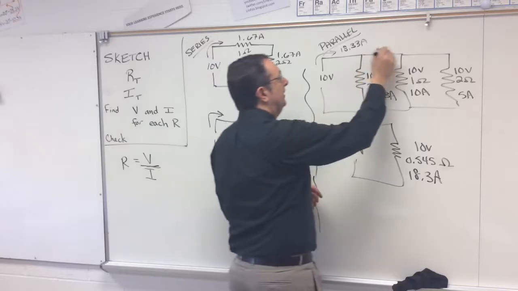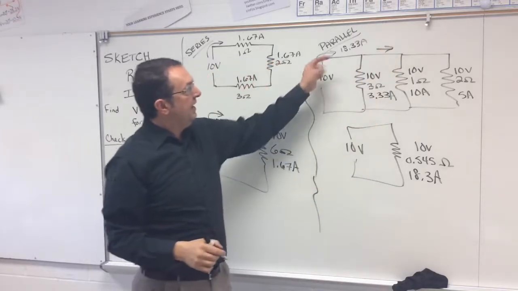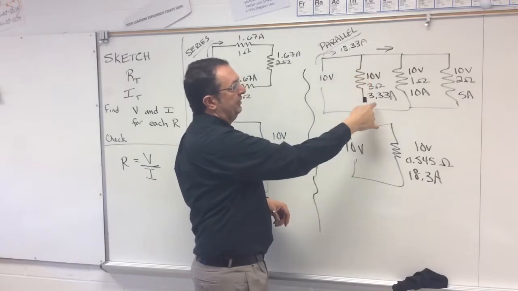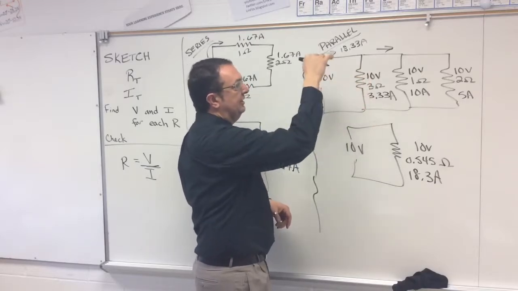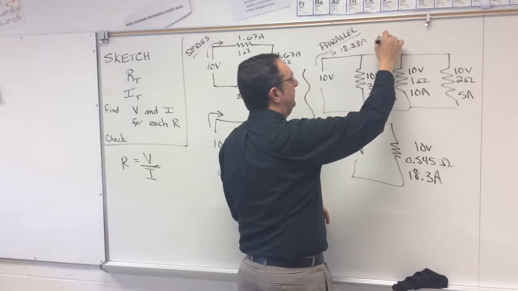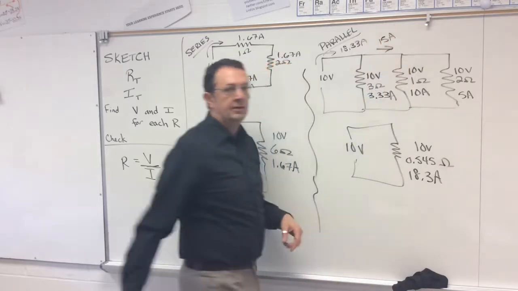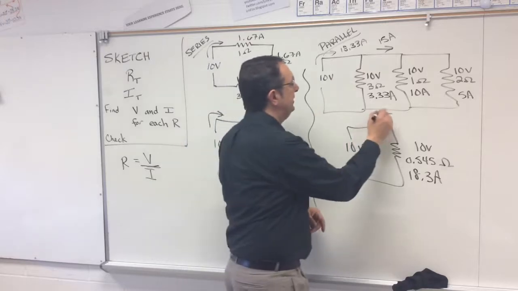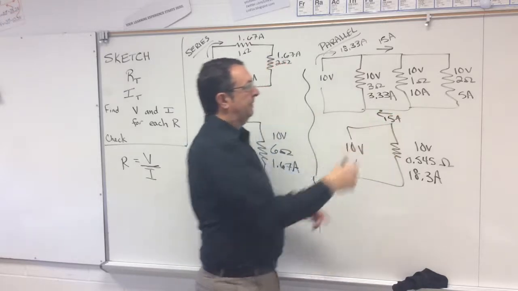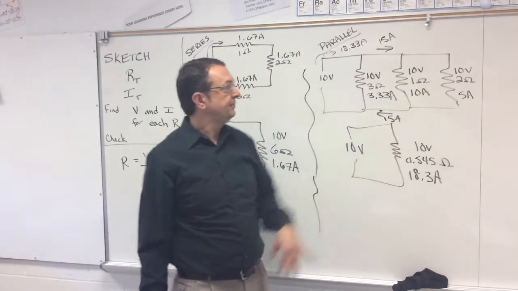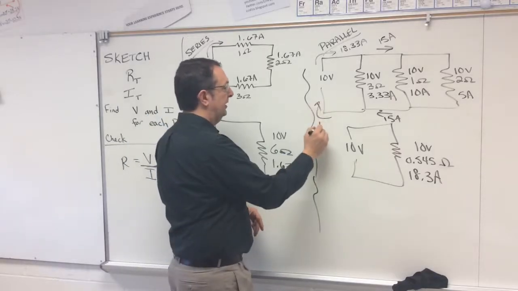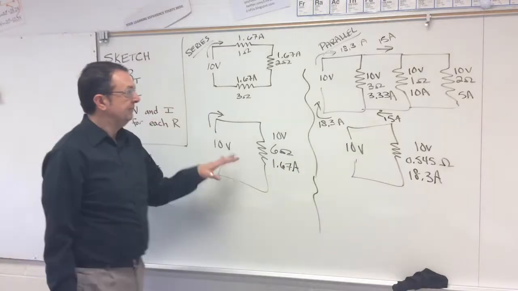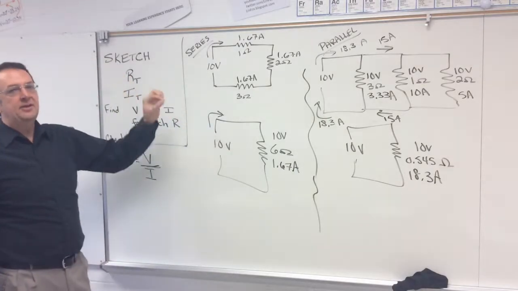Also flowing through this one, that right there, because it splits, this 18.33, 3.33 gets dropped into this one, and then continuing is 15 amps, or 15.03 amps, and the 15 amps flowing through there, and the 15 amps flowing here, combination of those two. And flowing back into the source, 18.33 amperes.